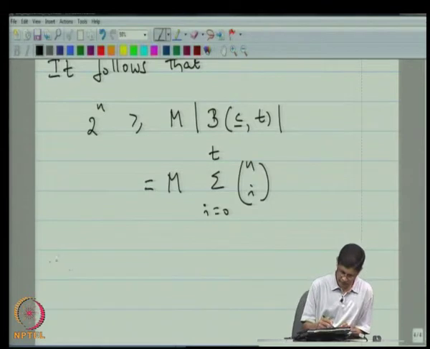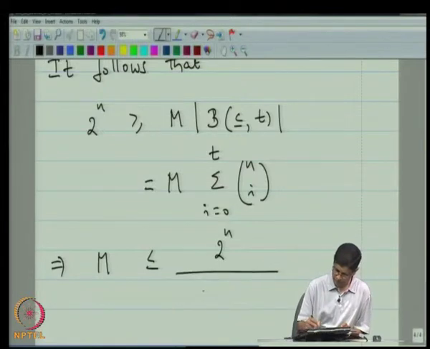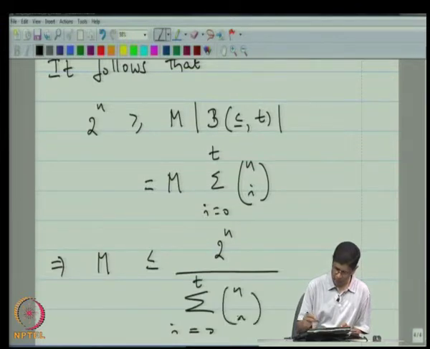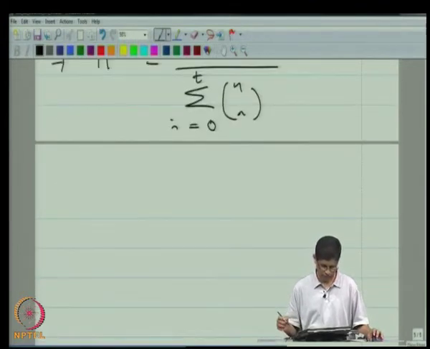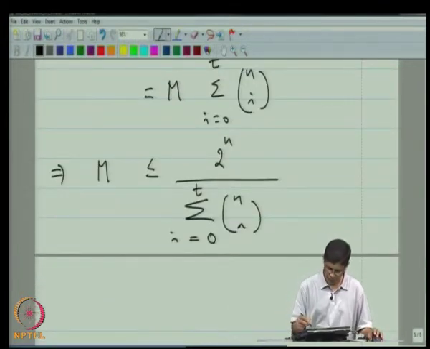So from this the Hamming bound follows. Alright, so that proves the theorem.